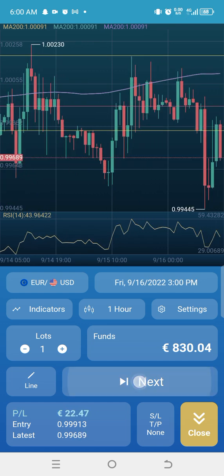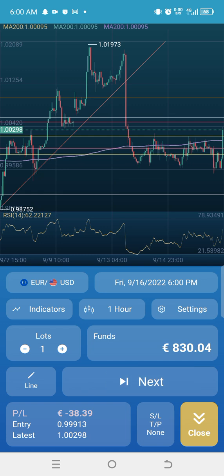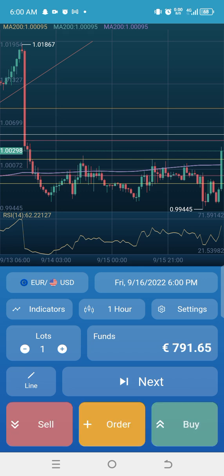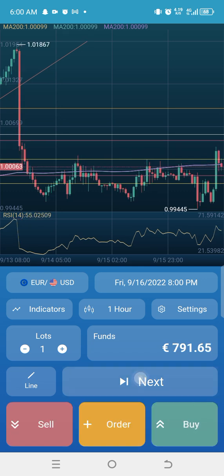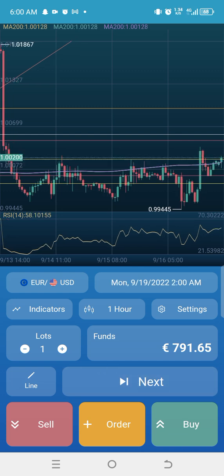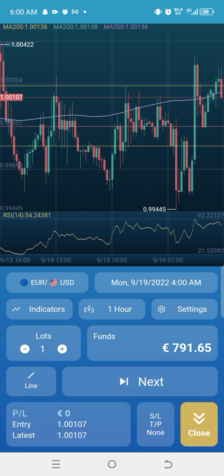So my target area is here, the low we marked. So I've been stopped out, as you can see. Let's wait for one more trade. Okay, that's my sell.